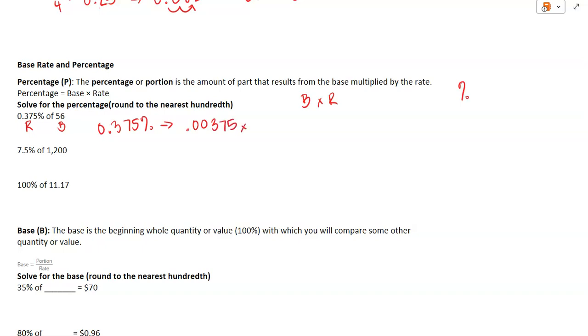And now I can multiply that by my base of 56. This is going to give me 0.21. So 0.21 is 0.375% of 56.